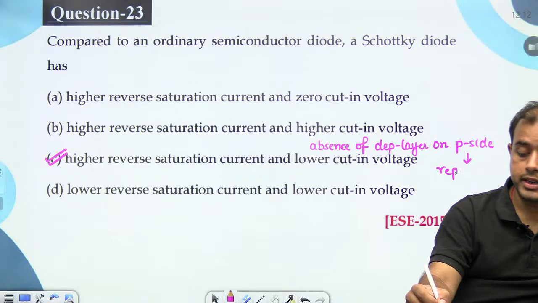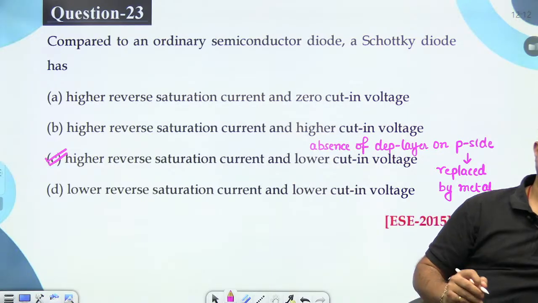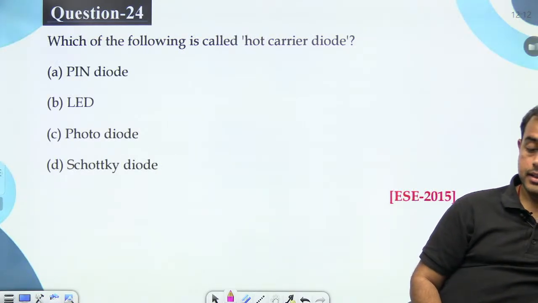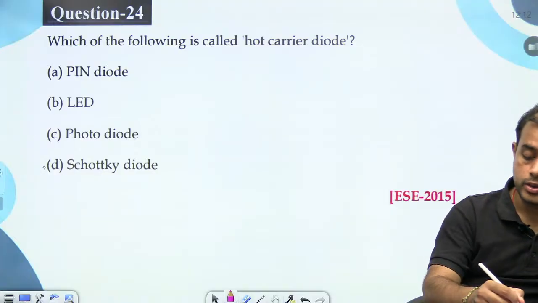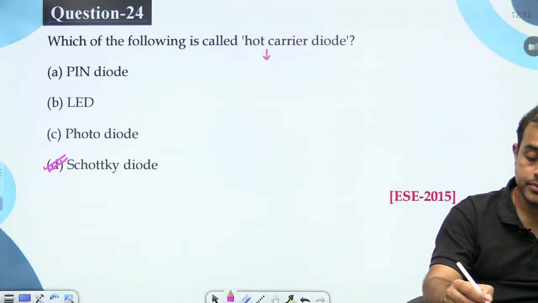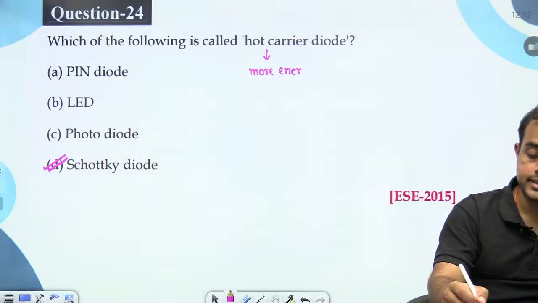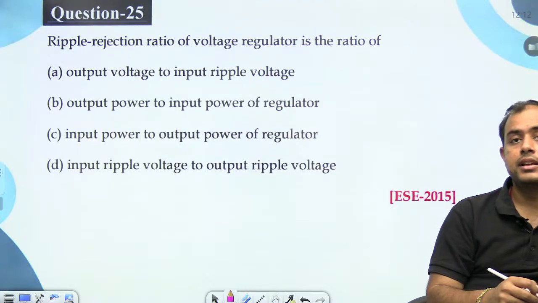So there is no depletion layer inside metal. So cut-in voltage decreases. ठीक है? Hot carrier diode. Hot carrier diode is the Schottky diode. Hot carrier means more energy. Charge carriers have higher energy or they move at higher speed.